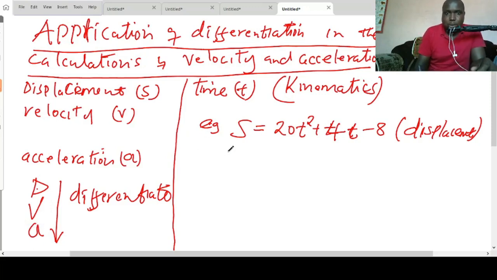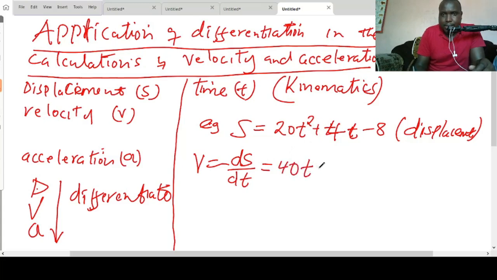So let us look at this one. Here velocity is equal to ds over dt, because this is s and this is t, which is equal to 40t plus 4. That is velocity.